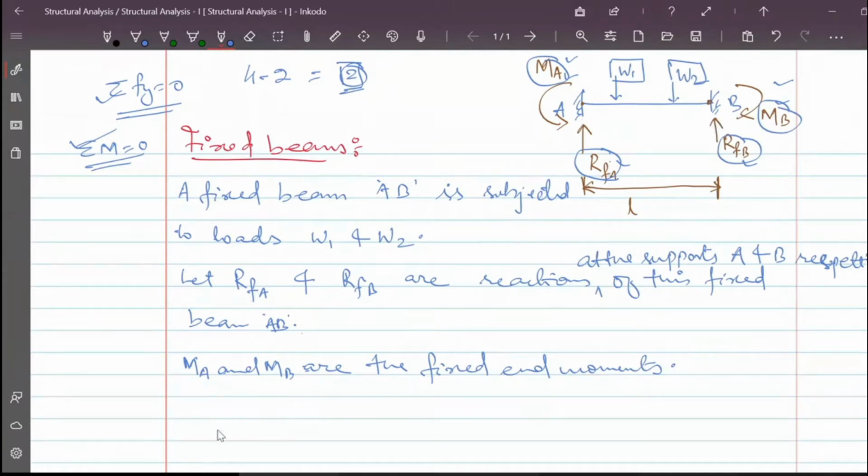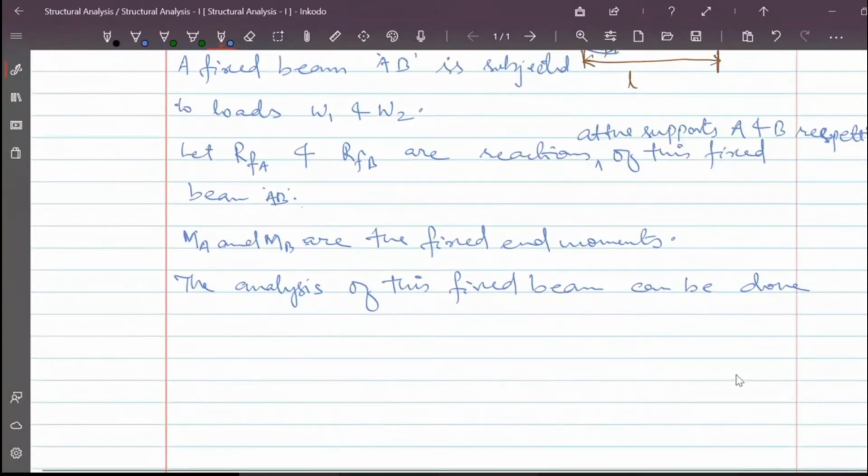So here we can write: the analysis of this fixed beam can be done in the following two stages.